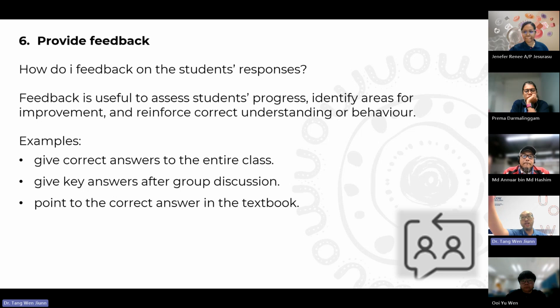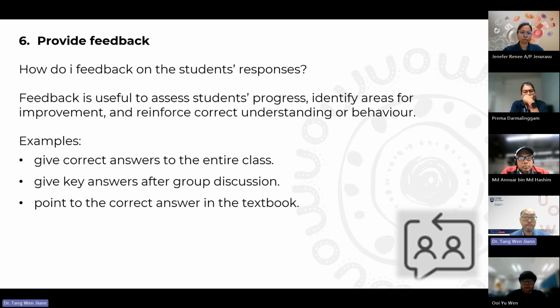We ask them to do the questions, then we give the answer and ask them to self-mark, or swap with their friends to cross-mark. Or we give the key answers for them to discuss. If we have textbooks, we can say you can refer to this page for the correct answer, let them check, and then we can have a discussion.